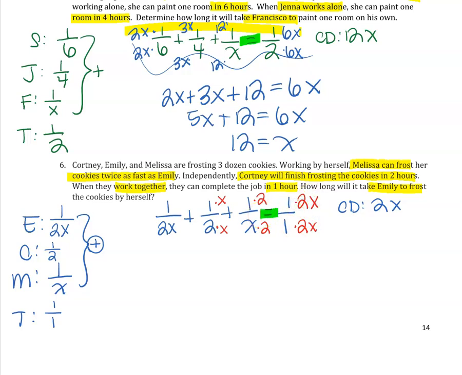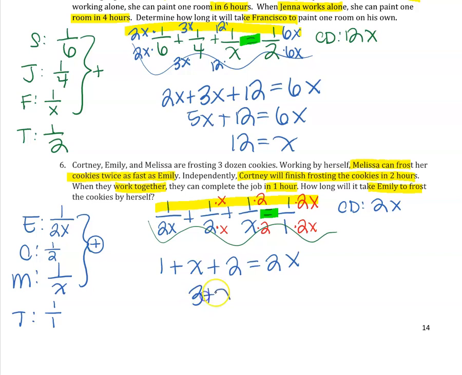When the problem equates, you can drop the base and solve the numerator. I'm hoping if I say that enough times, it will stick with you guys. All right, so I've got 1 plus x plus 2 equals 2x. So 3 plus x equals 2x, so 3 equals x.